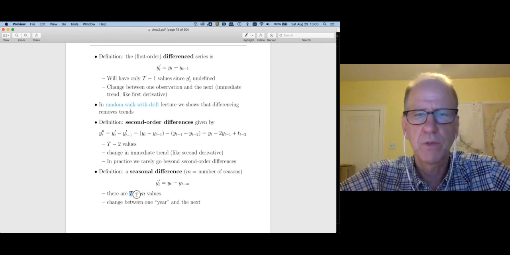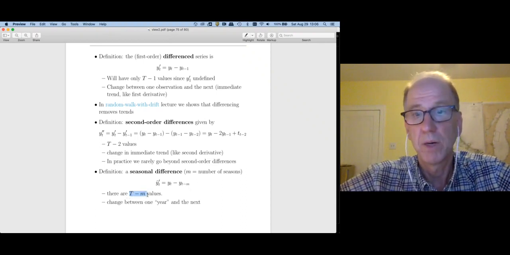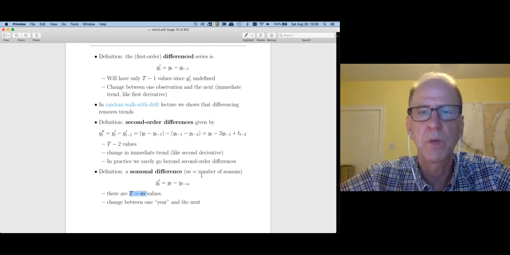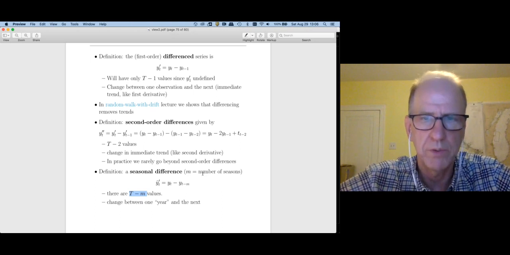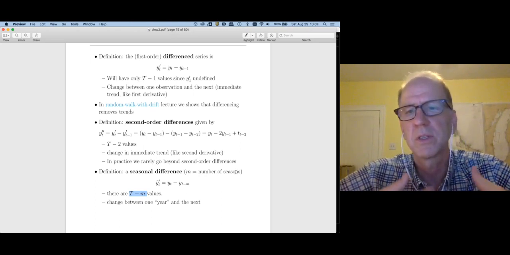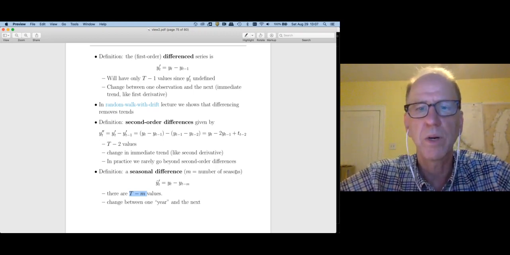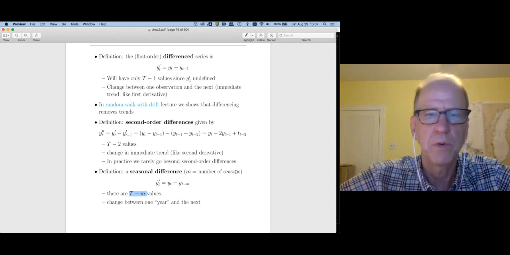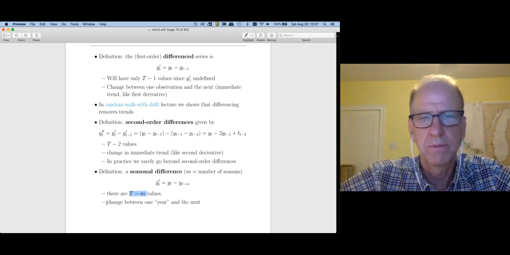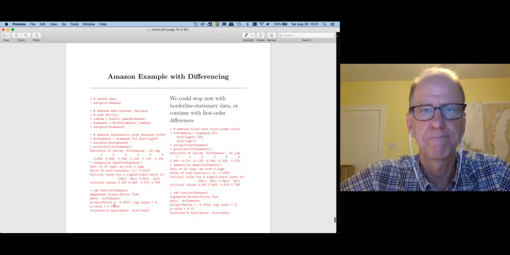We're only going to have this for t minus m values, where m is the number of seasons that we have. So if it's annual data, we would have 12 seasons, or 12 months. That's a better term for it. But in general, since it's the seasonality, we call them seasons, even if it's a month or a day or whatever that unit is. And the interpretation of this difference is it's just the change between one year and the next.